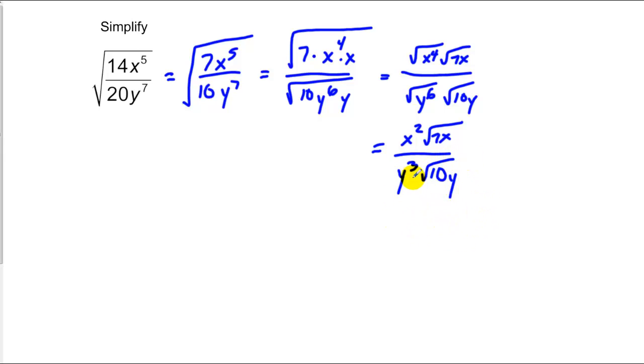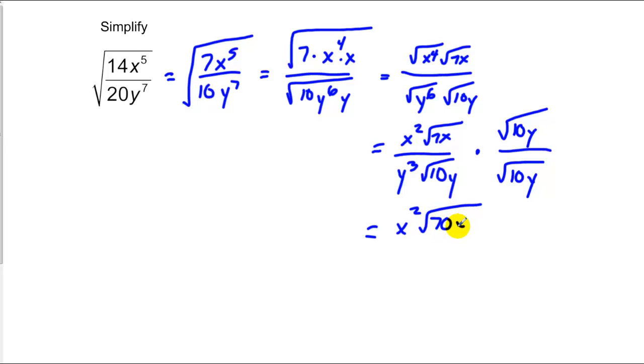I still have this term in the denominator that is in a radical, which makes it non-simplified. I must rationalize by a form of 1 to get rid of that radical sign. So I'm going to multiply by root 10y over root 10y. In the numerator, this gets me x squared root 70xy over y cubed root 100 y squared.